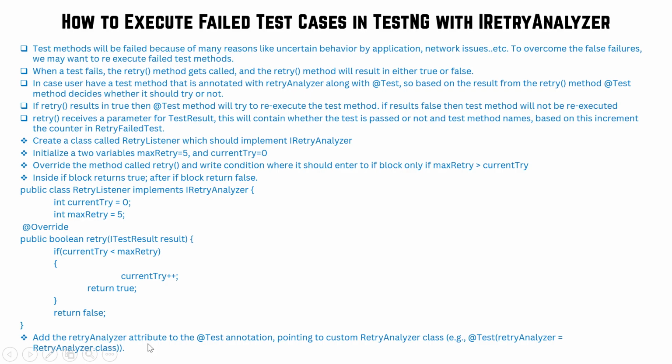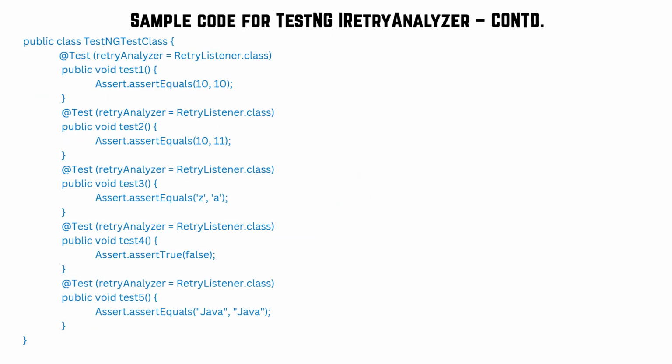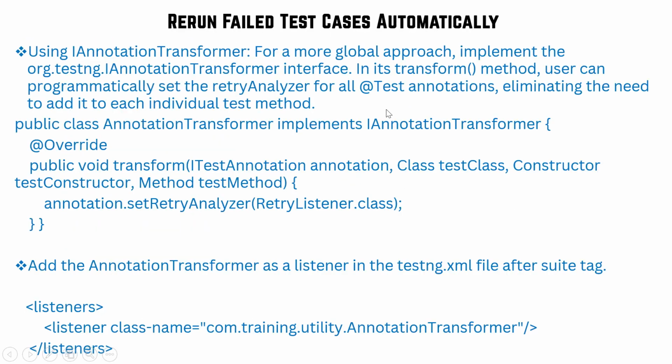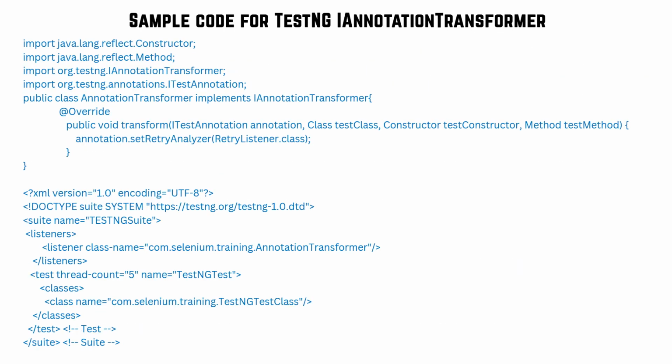If you want to do it in an automated way, you can use the annotation transformer listener, where everything will be automated. You can give the number of iterations, and only the failed test cases will be retried that many times.